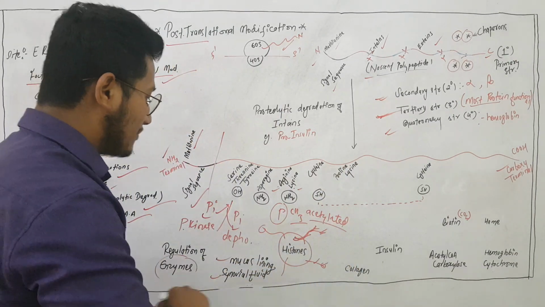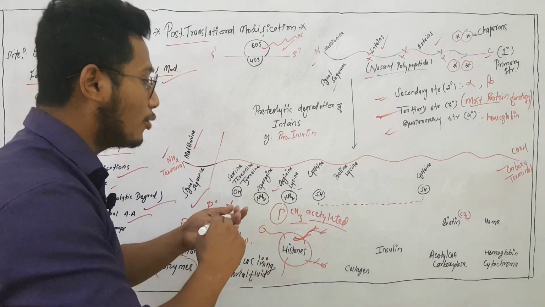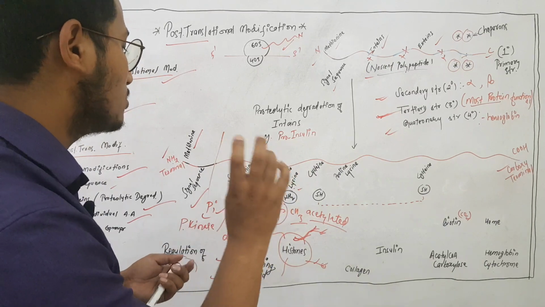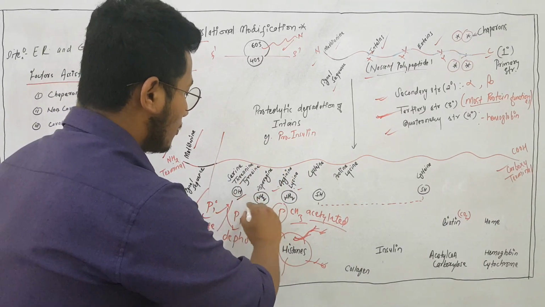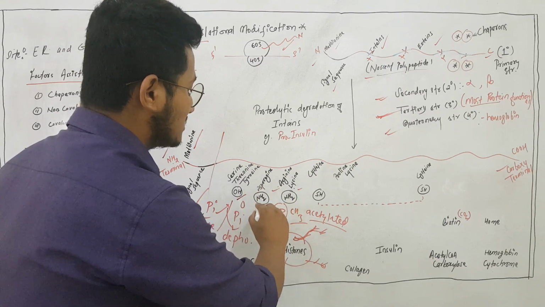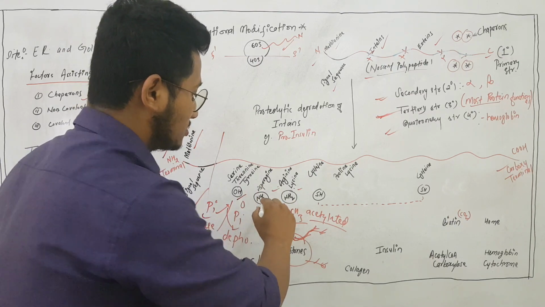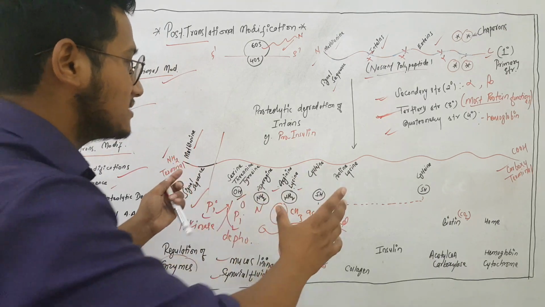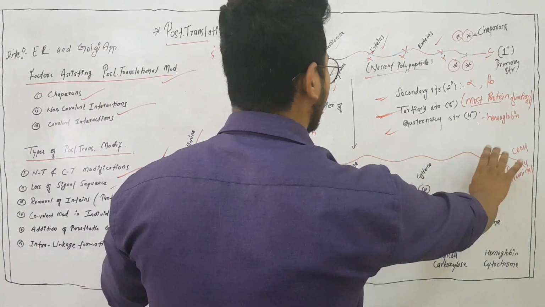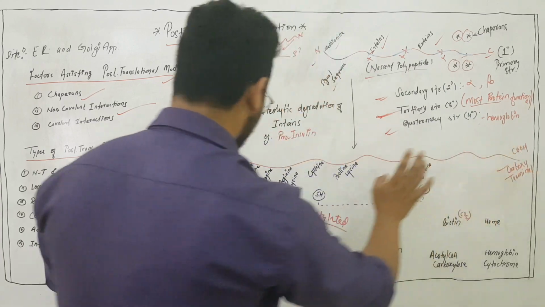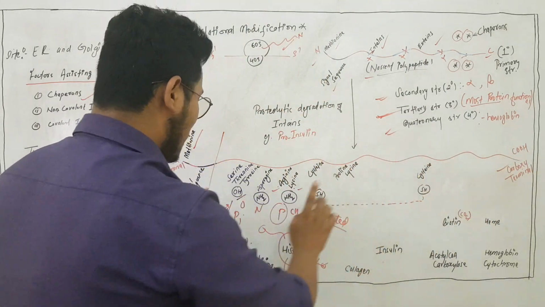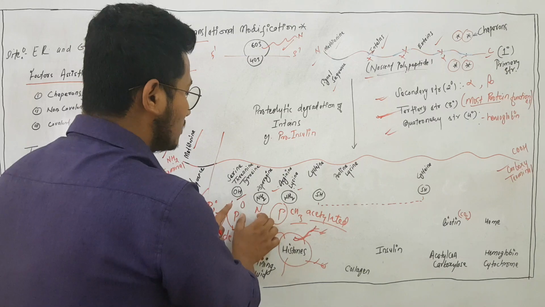So what happens is that the carbohydrate moiety, the oligosaccharide moiety, can attach to this hydroxyl portion by O linkage or to this asparagine by N linkage. And now you can imagine if this is, let's say, hyaluronic acid of the synovial fluid, how that hyaluronic acid is formed by addition of the oligosaccharide to this protein.